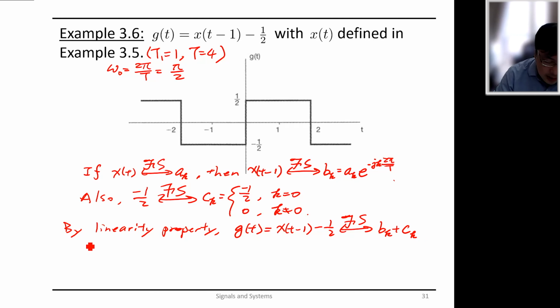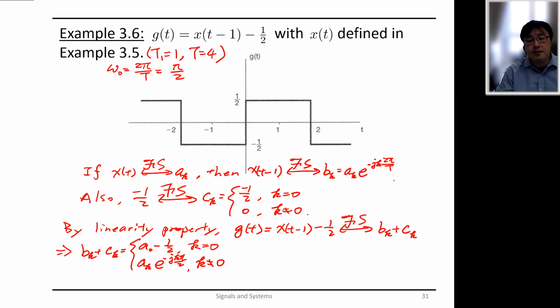If you combine this, bk plus ck is equal to a0 plus 1/2 for k equal to 0, and ak times e to the minus j k pi over 2 for k not equal to 0.